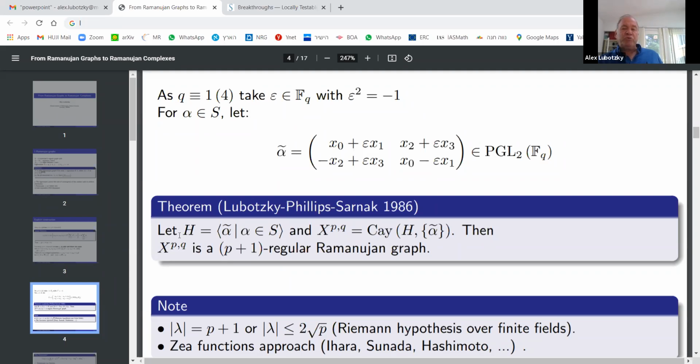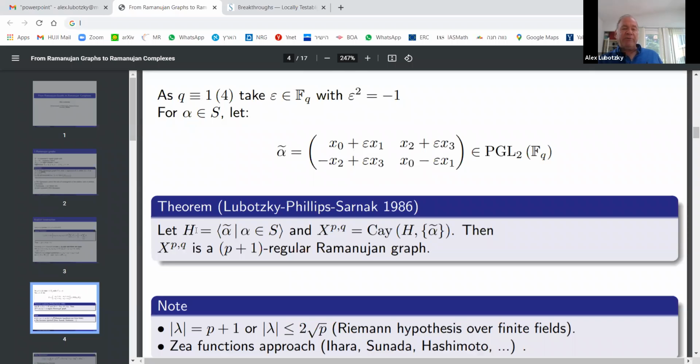PGL2(F_Q) is a very small group. It's almost a simple group. It has a subgroup of index 2, which is PSL2(F_Q), and H is always one of the two.